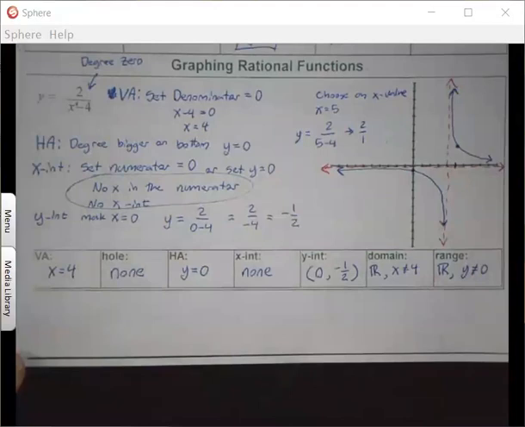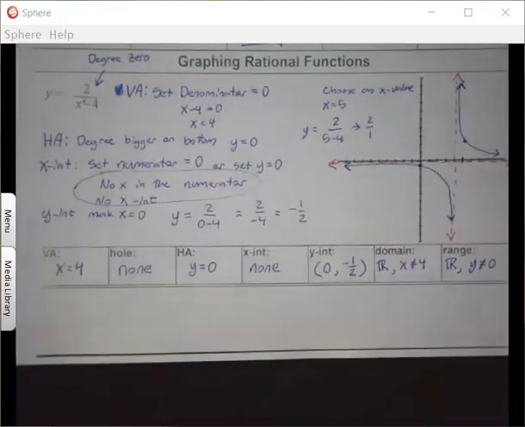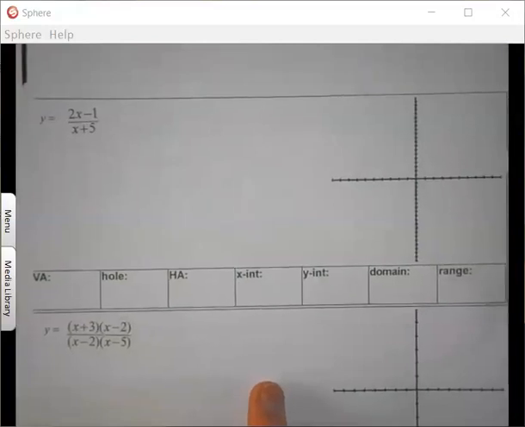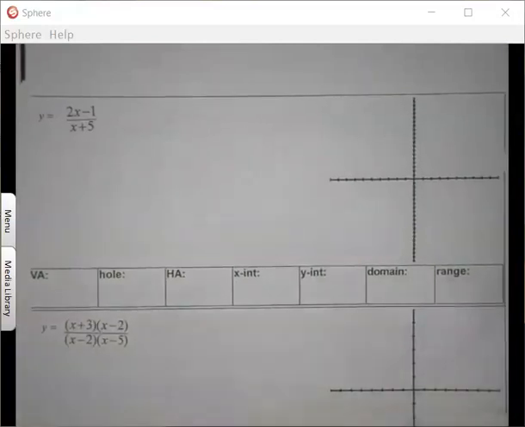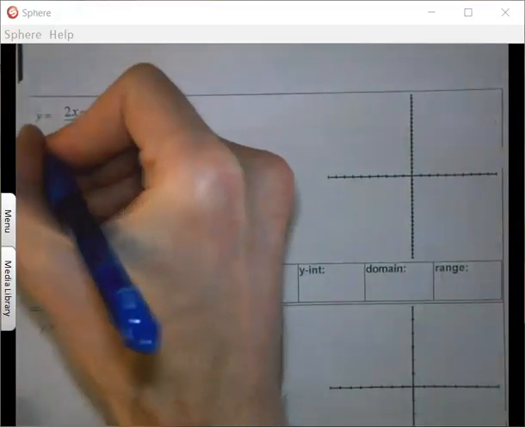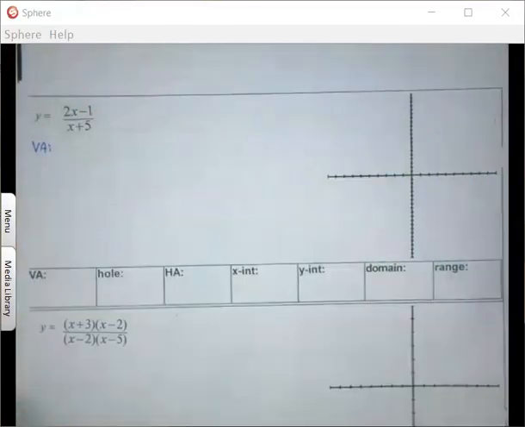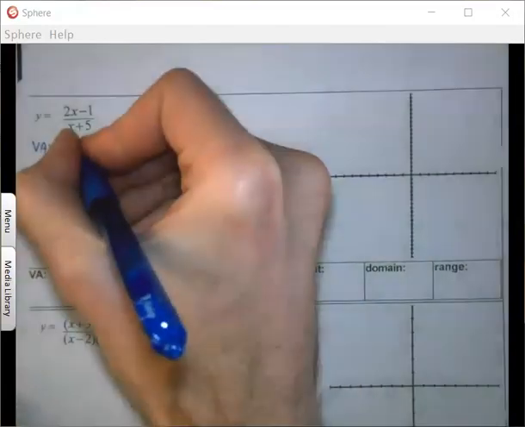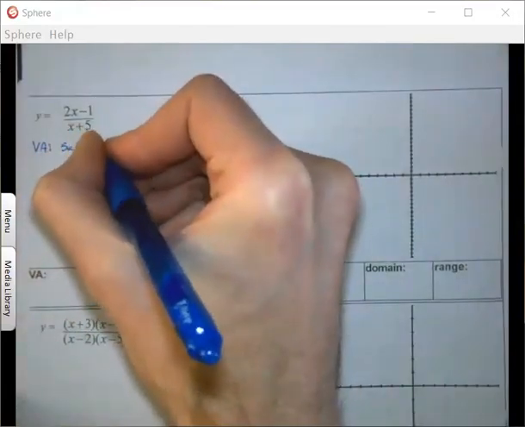All right, let's go through one more example, follow all the same steps. All right, vertical asymptote, set the denominator to 0.